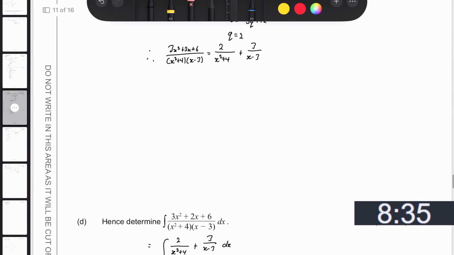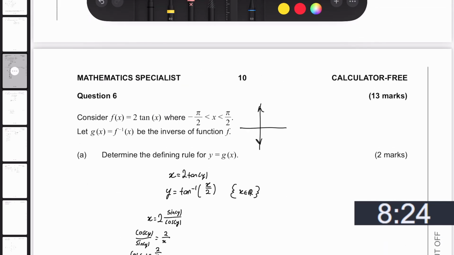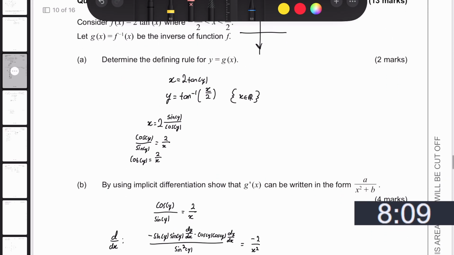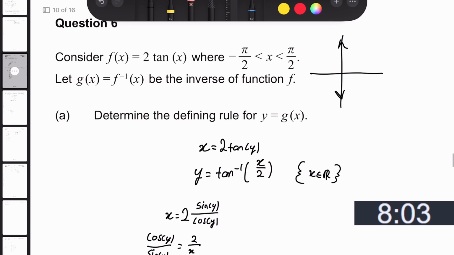I want to go back to this one though. I'm so confused on how you need to do this. We're using implicit differentiation. So the g of x can be written in the form. So is my defining rule for y equals g of x wrong? The derivative of tangent negative 1 of x on 2. I don't think there's like a formula page anywhere.